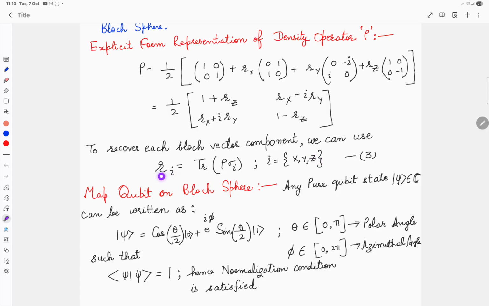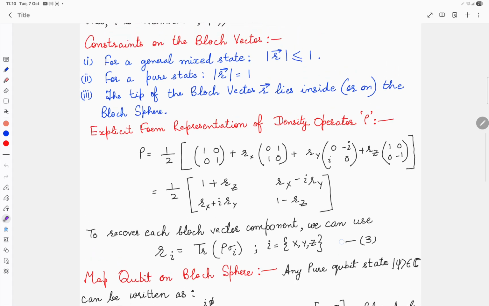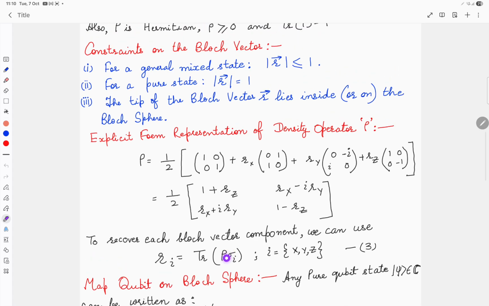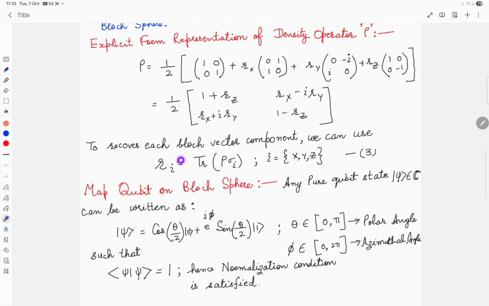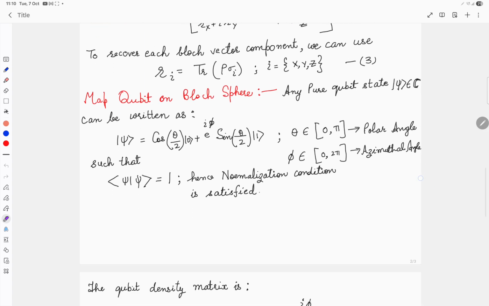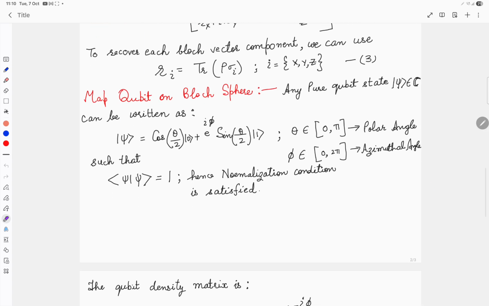We can get this from this expression, because we have the value of rho here, we know what the density operator is, and we also know the Pauli matrices. Therefore, by completing this expression, I can get the values of Rx, Ry and Rz, which is our purpose. That means we get all the values of the Bloch vector.